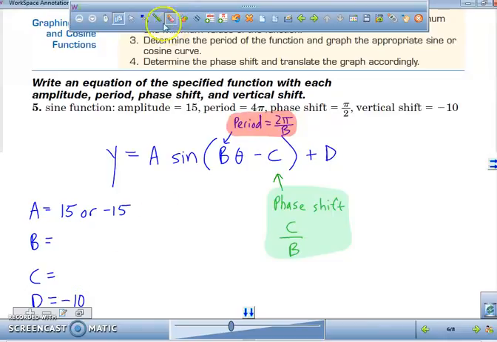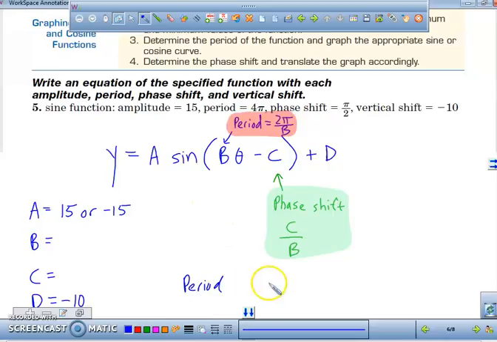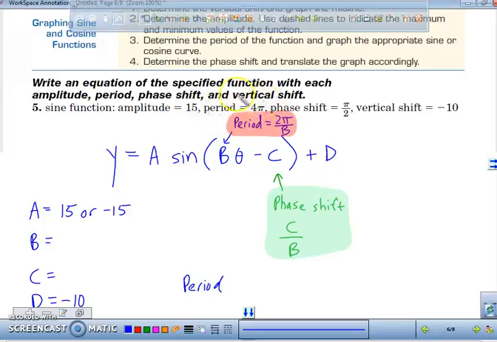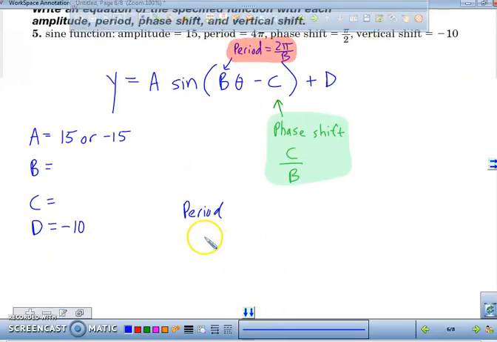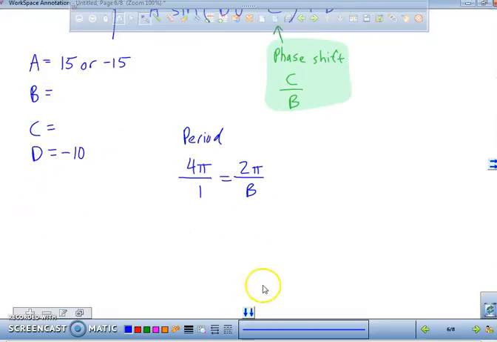Let's find B right now. What's the period of our function? The period is equal to what? 4 pi. That's what it's equal to. So the period is 4 pi over 1. What's the formula for the period? 2 pi over b. So by doing this, I can cross multiply, and what am I allowed to solve for? Solve for b.